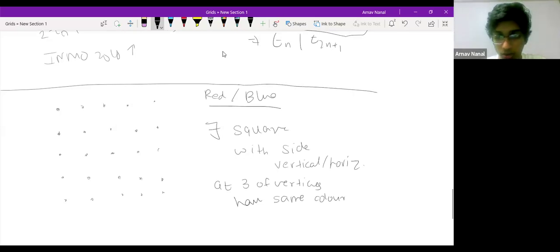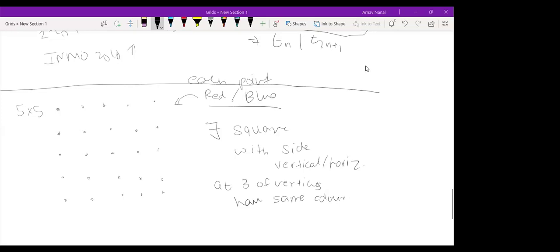Did everyone understand the question? Suppose the answer is a 3 by 3 square, so at least 3 of the vertices, do you mean vertices of the square?